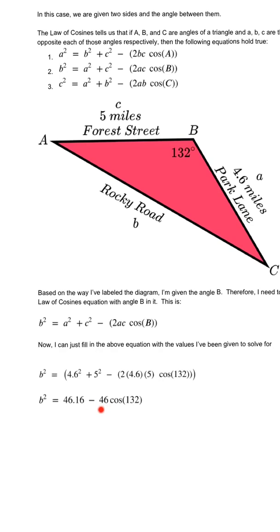Why? Because this 46 is being multiplied by the cosine of 132. So because it's attached, we cannot do 46.16 minus 46. Instead, we have to calculate 46 times the cosine of 132 separately and then subtract it from 46.16.